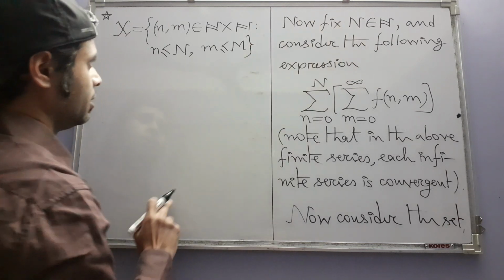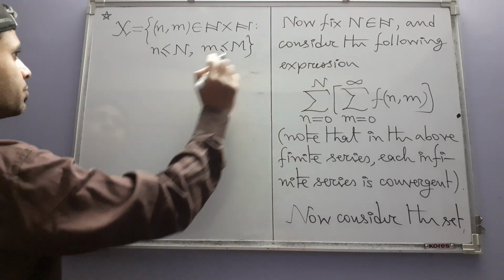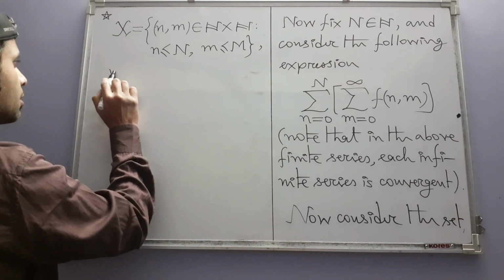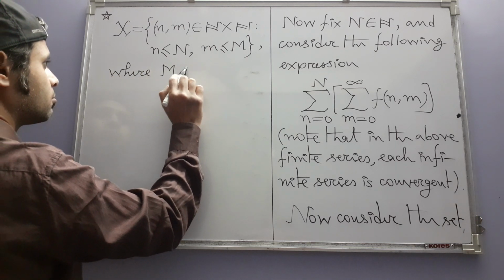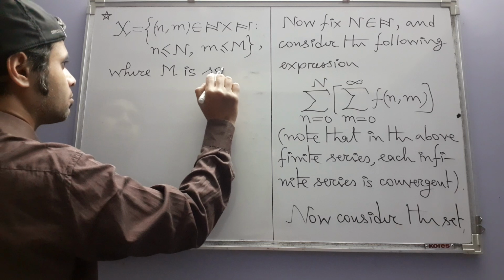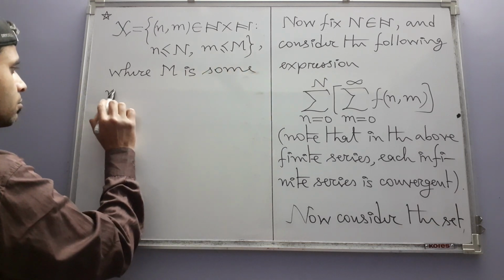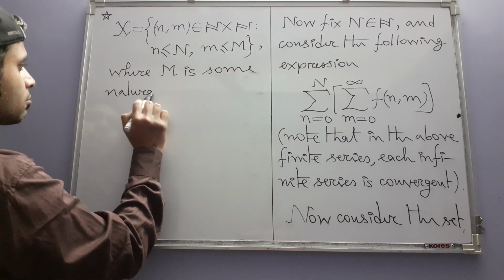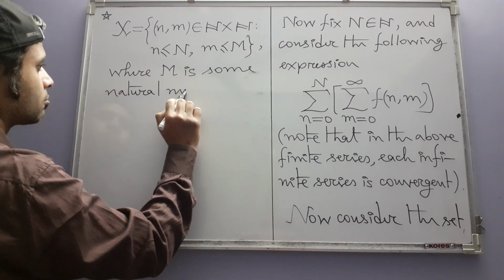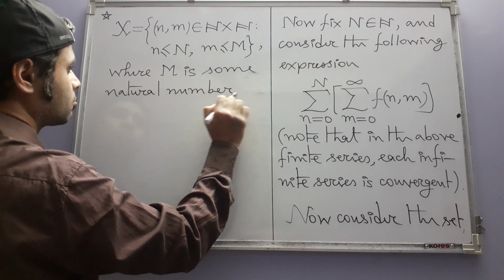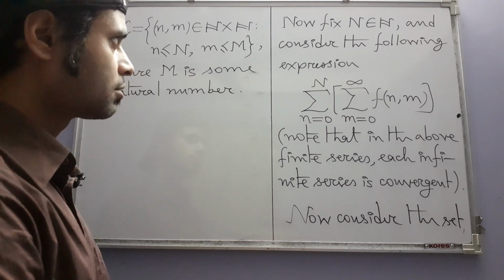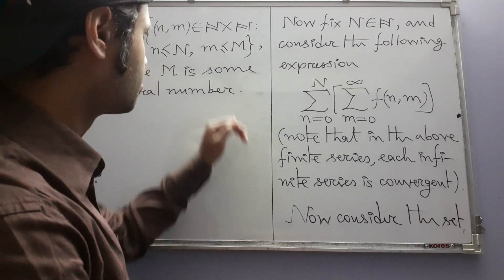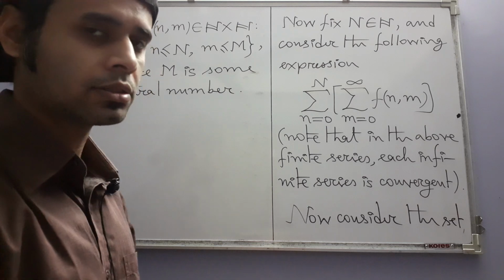This N is this N. But what is this M? This is some natural number. So just like we have fixed N, which can be any natural number, this M is also any natural number.